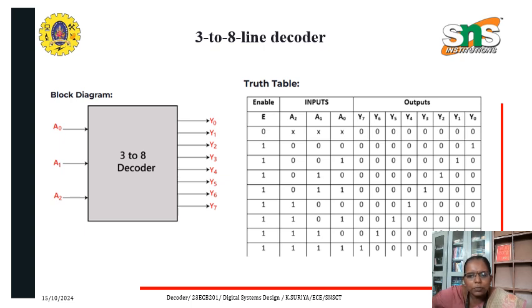When enable input is 1, you'll have 8 combinations, 0, 0, 0 to 1, 1, 1. According to the order, you'll get Y0, Y1, Y2, Y3, Y4, Y5, Y6 and Y7 as your outputs correspondingly for each combination of the 3 inputs A2, A1 and A0.